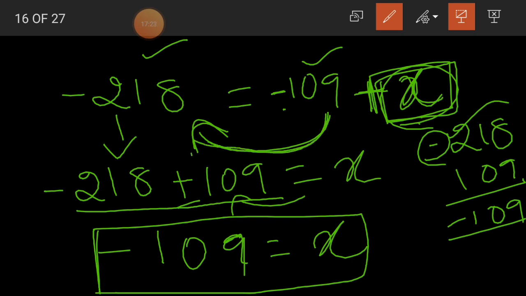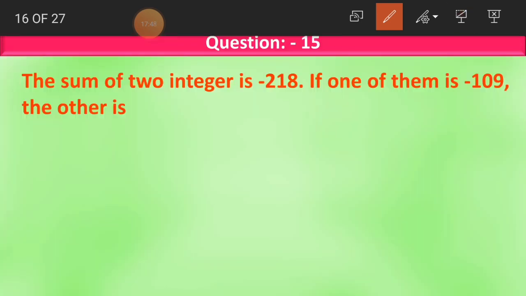We took this minus 109 to the opposite side. The opposite of minus is plus, so it became a positive integer, and as both the signs are different, we subtracted them, and 218 is the higher absolute number. It has a negative sign, so we gave a negative sign to the answer as well. We got minus 109 as our other integer.